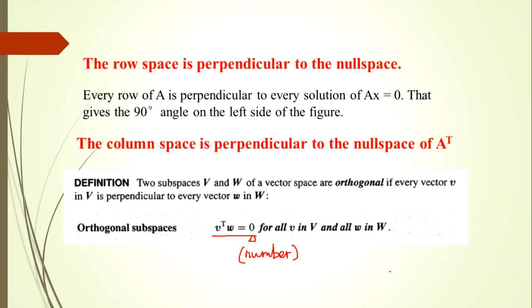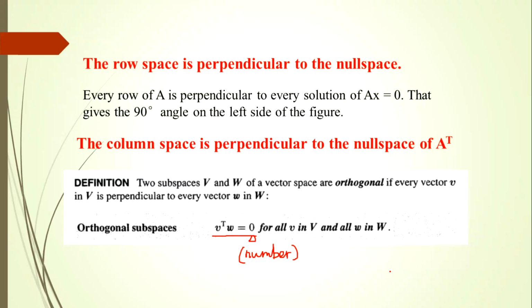Now we are going to check those two statements. The row space is perpendicular to the null space. The column space is perpendicular to the left null space. Those two are important conclusions we will focus on in this section.